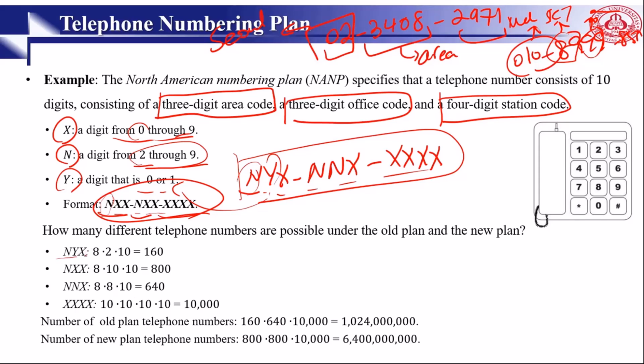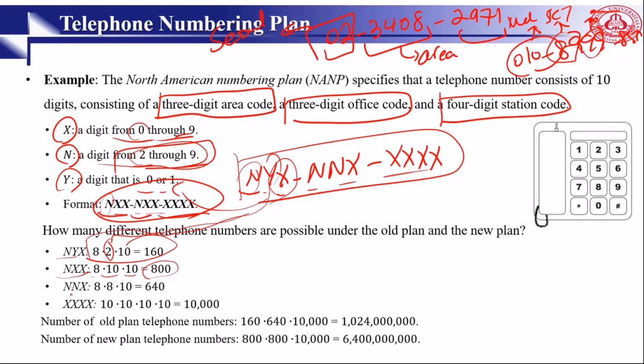For NYX, there are 8 for N, 2 for Y, and 10 for X. So NYX is 8 multiplied by 2 multiplied by 10, which is 160. For NXX, N is 8 possibilities, X is 10 possibilities, and the other X is 10, so 8 multiplied by 10 multiplied by 10 is 800 for NXX.